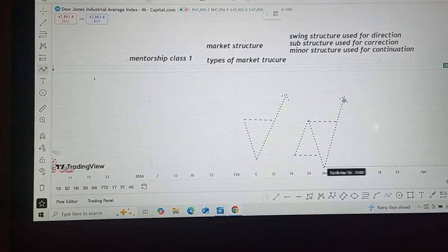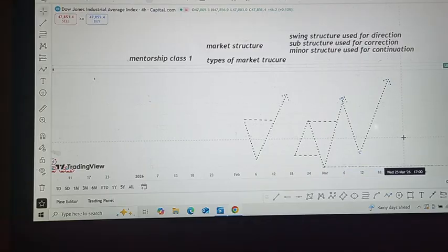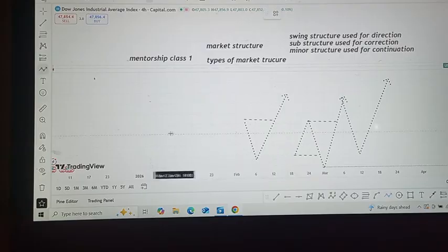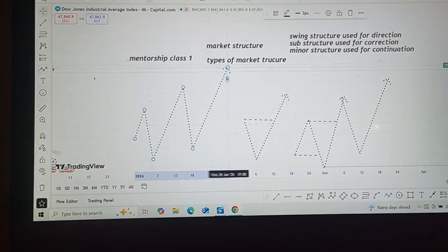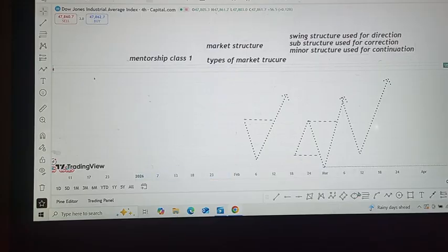Then we would want something like this, a pullback into the discount zone, then continuation. I don't know if you're understanding what I'm explaining. What did I say? Some things that validate the market structure on the buy side: we want to see a sweep of the previous low, a break of structure, then entry will be at the discount zone, then we'll continue. The same thing is applicable to the downside.